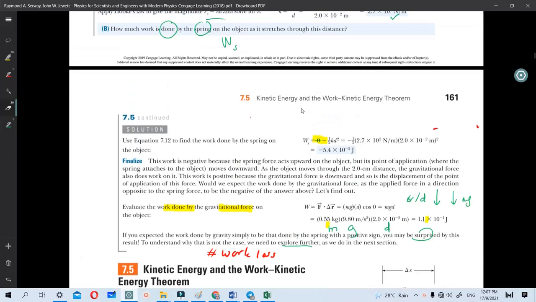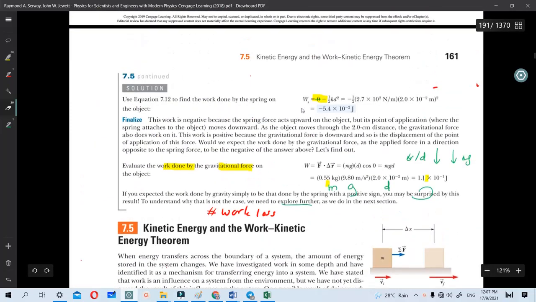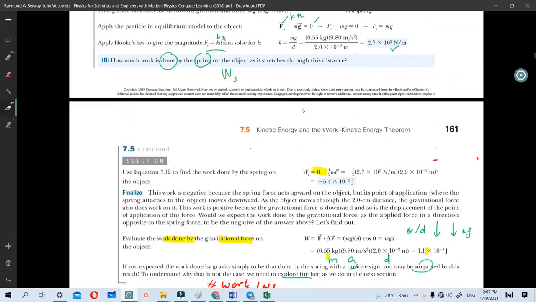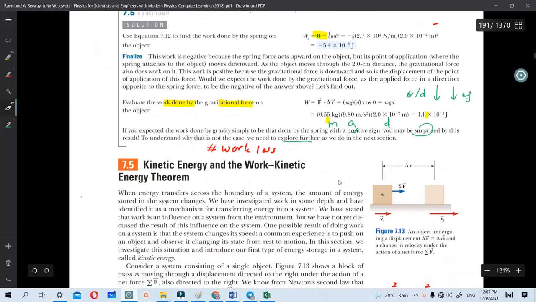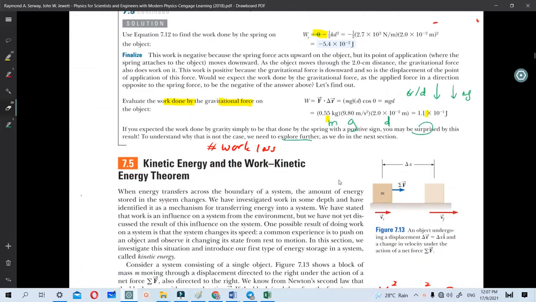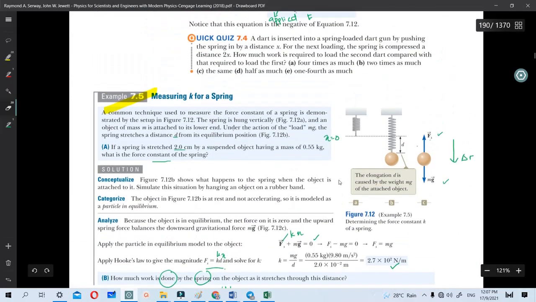Number 2, when you have a spring, the expression changes to half k d squared or half kx squared. So it should be initial minus final if we are talking about work done by the spring itself. And another one is work by friction. That work by friction, the angle involved is 180.